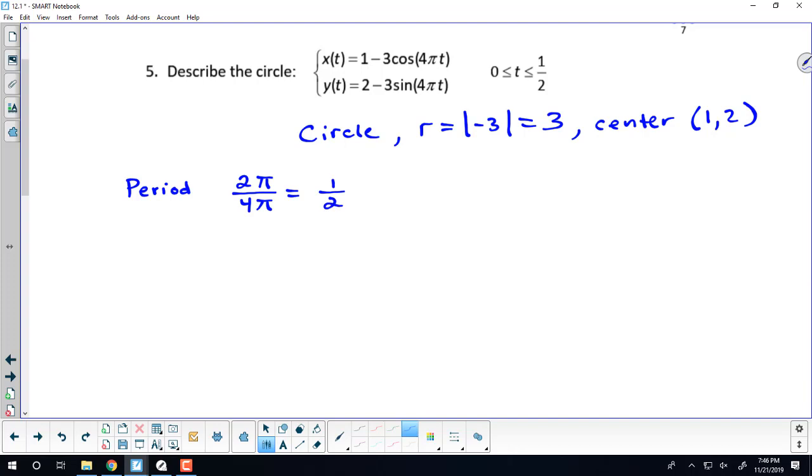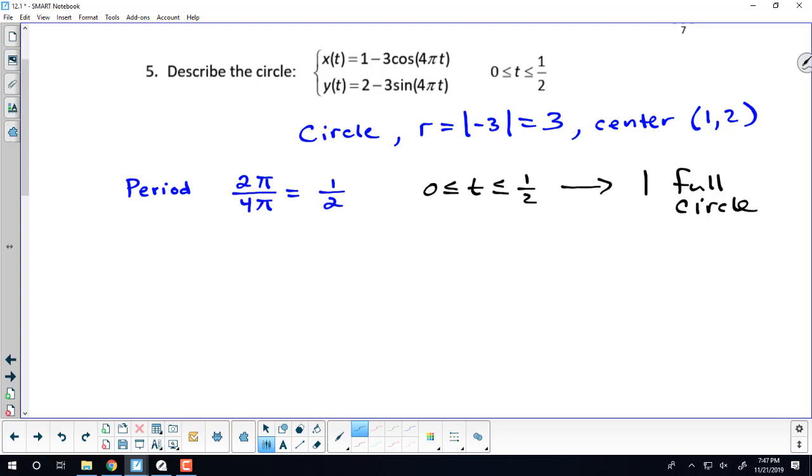So one full circle generated every half increment, if you will. One full circle generated here.